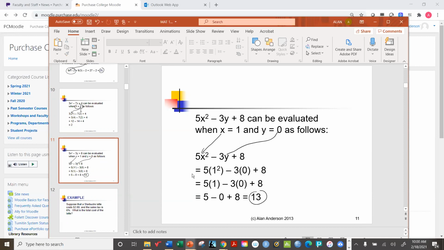In this case, it's 13. We're not going to see too many of those, but it is always possible to have more than one variable in an expression. Therefore, to evaluate it, you must provide a value for each individual variable. And that's all you have to do.